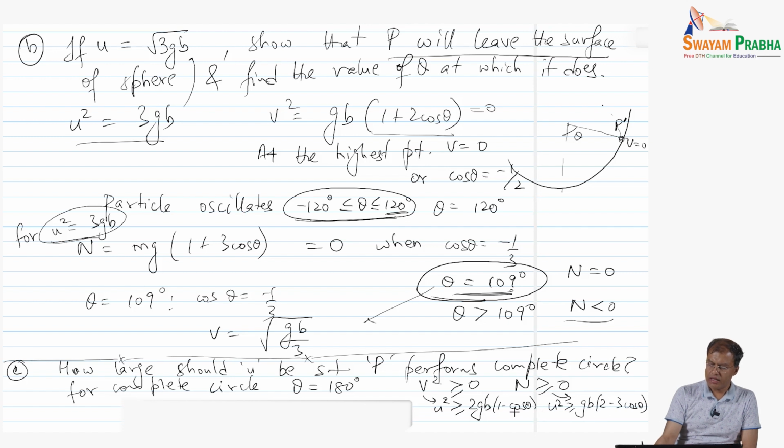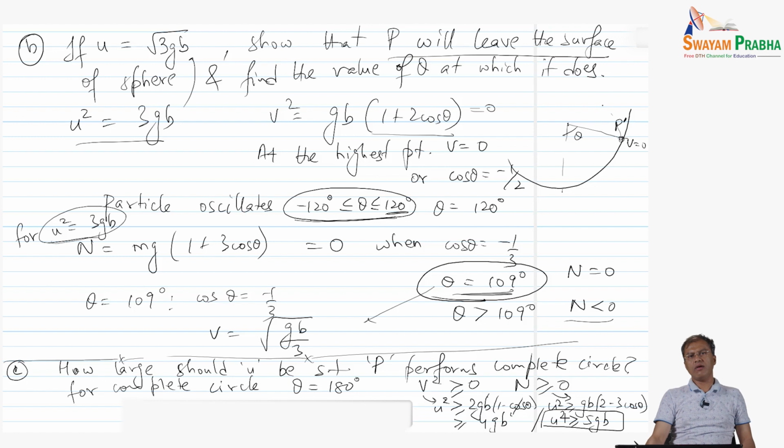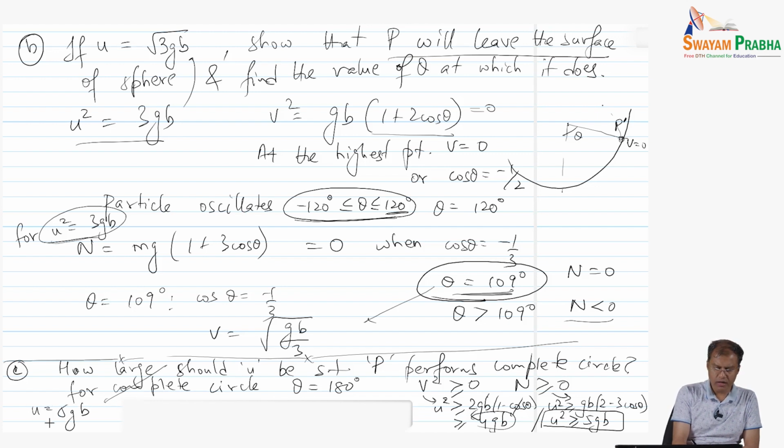At theta equal to 180 degrees, the first inequality gives u square greater than 4gb, and the second gives u square greater than or equal to 5gb. When we satisfy the second inequality, the first is automatically satisfied. So u has to be at least the square root of 5gb, so that the particle goes from minus 180 degrees to plus 180 degrees.